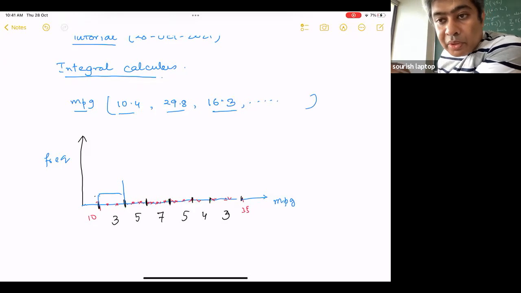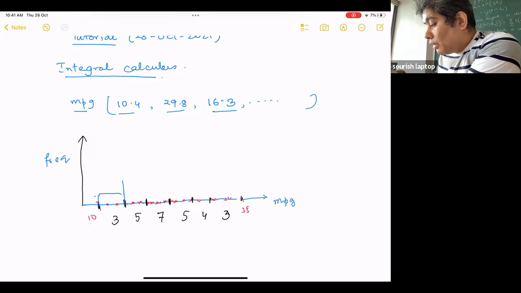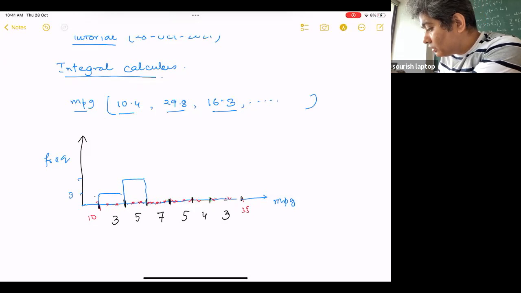In this way, we calculate the counts, the number of points in the bins. So here is the frequency: 3, 5, 7, 5, 4, 3.